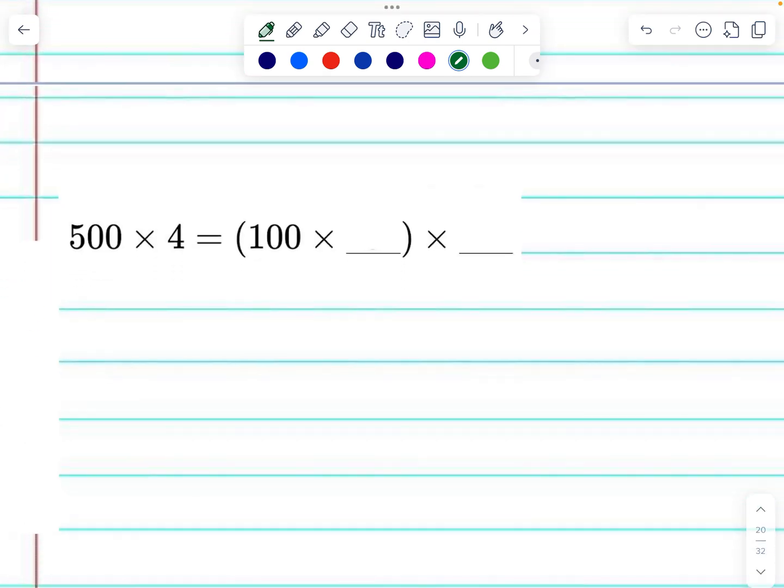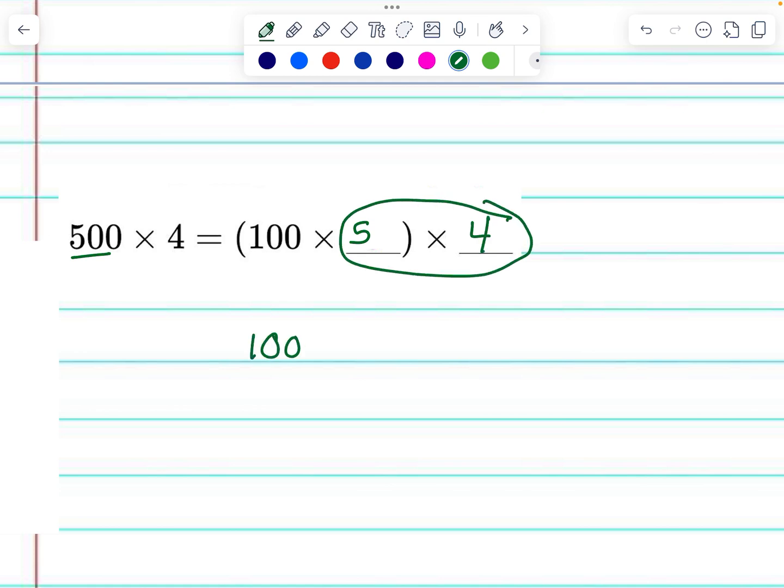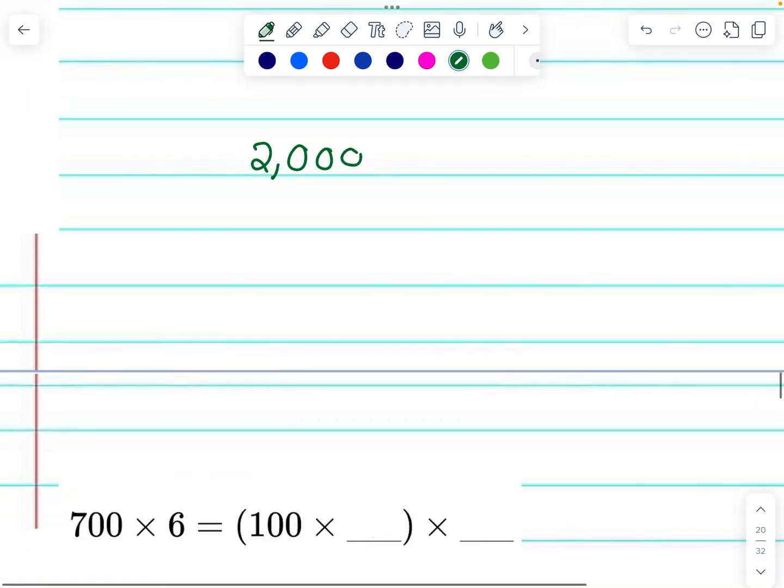Okay. 500 times 4 is the same thing as 100 times 5 times 4. Combine these two. 100 times 20. And that gives us 2,000.